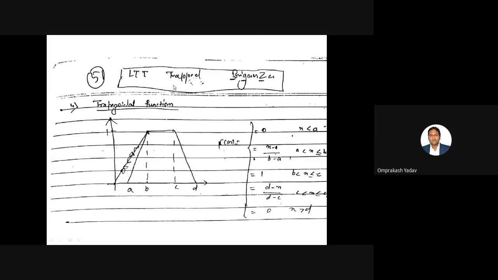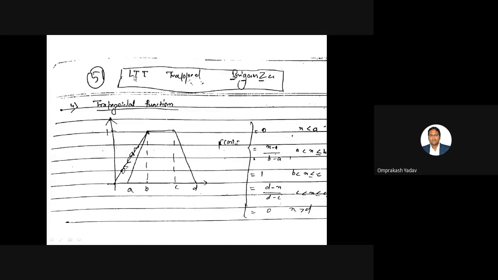Okay, so for remembering purpose, LTT trapped Briganza. With this, L is the L function, first one. T is the triangular function, then T for trapezoidal function. B is bell shape, G is Gaussian, and Z is the ZA function.